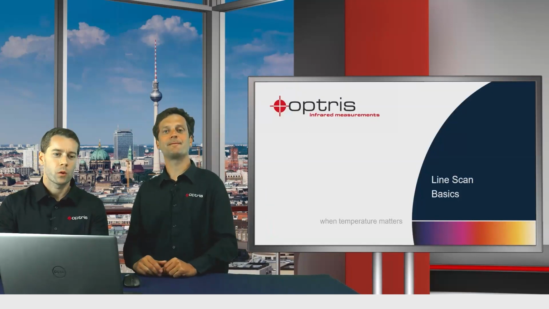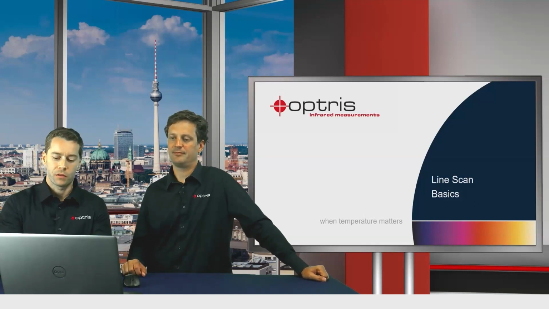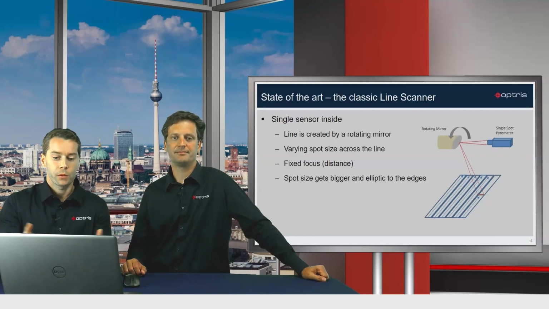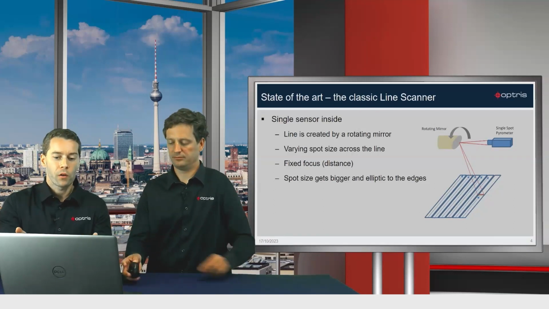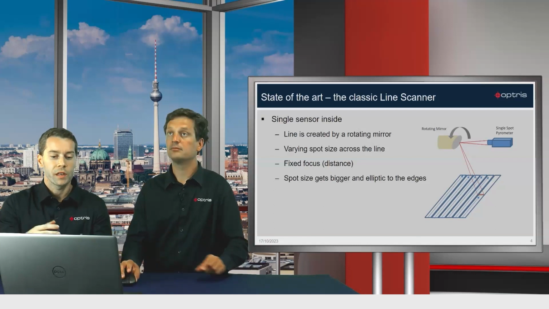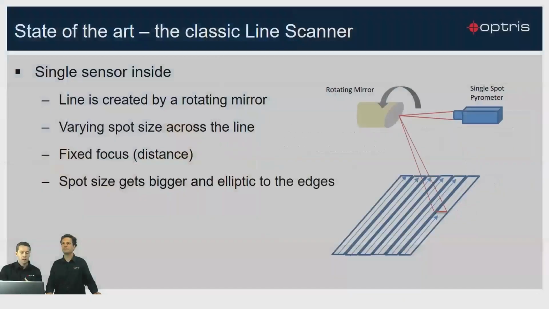Exactly. Before we go to the real applications, just a quick reminder about the basics of the line scanner. This is a classic line scanner. You can see this is a single spot pyrometer. This pyrometer is looking at a rotating mirror, and in this way we have a line which is created by the rotating mirror. We can have this line scan function from left to right.